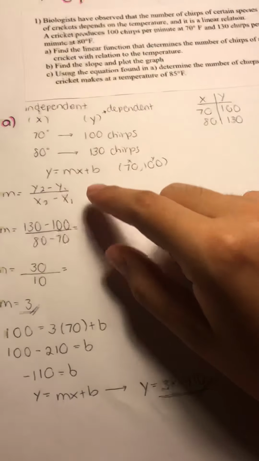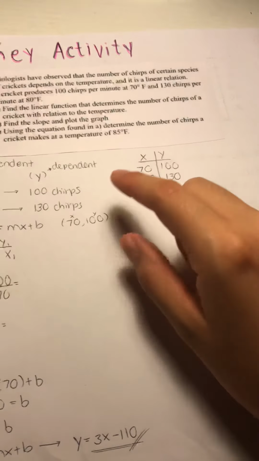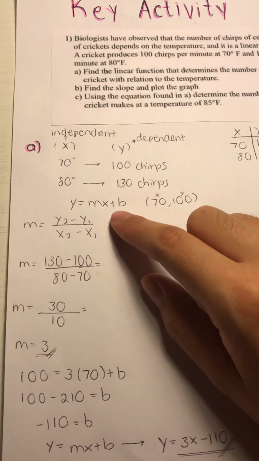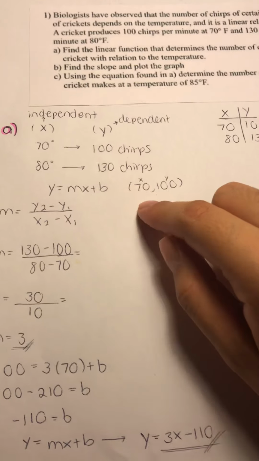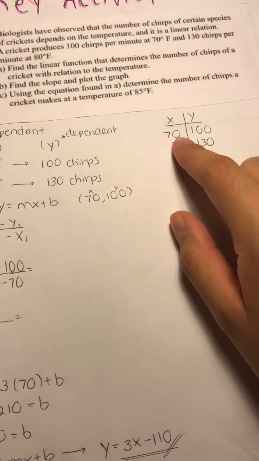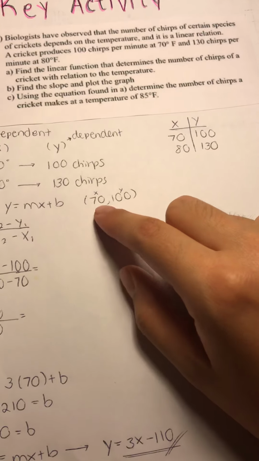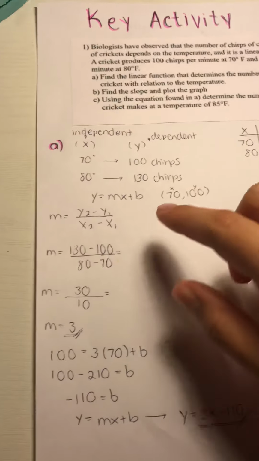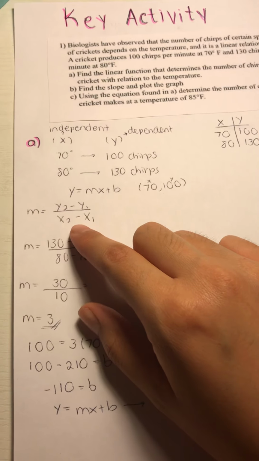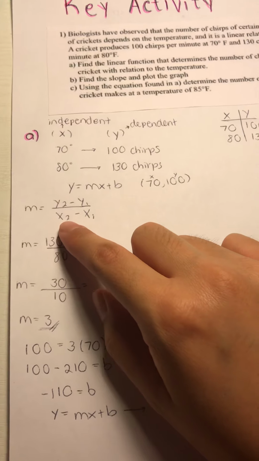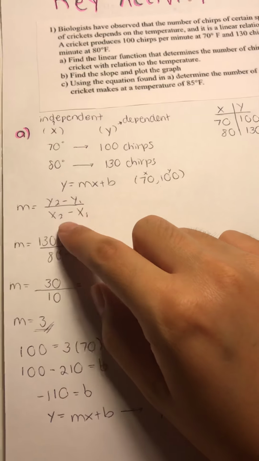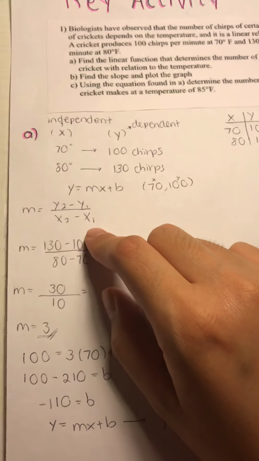And here we will need this to answer, which is the equation. And then it says y is equal to mx plus b, and in here, as I said before, 70 is the x and 100 is the y, and we're gonna use it to solve this. That is how to find the slope. And the equation for the slope is m is equal to y2 minus y1 over x2 minus x1.